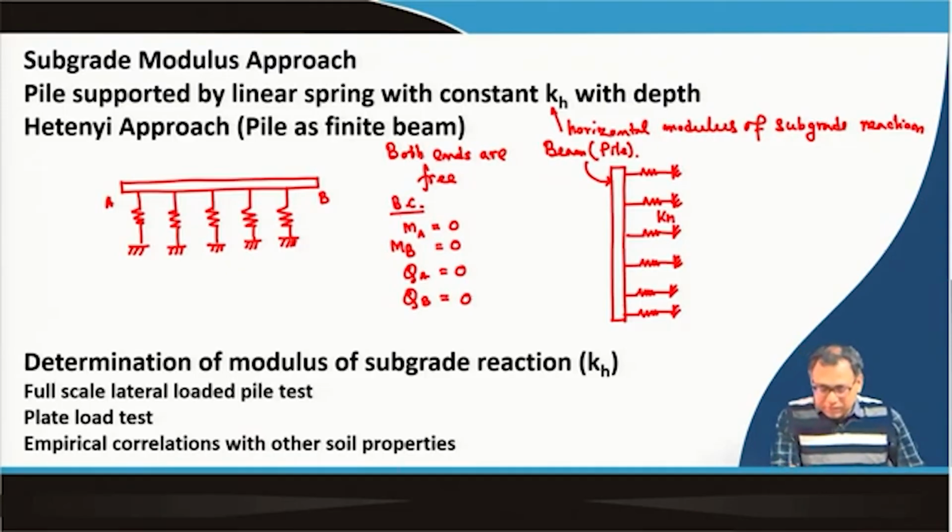These things have already been discussed in the beams on elastic foundation concept during the shallow foundation part: we have to consider this beam as an infinite beam. Then for the infinite beam we calculate the bending moment and the shear force at both ends, A and B, due to the external load.